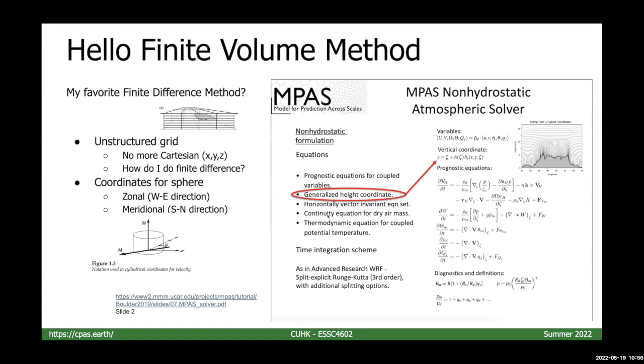And actually, I talked too much about the horizontal topology of the unstructured mesh. In the real model, the model needs to take care of the vertical dimensions. And as you see, there are vertical layers, and it is actually using some formulation of vertical coordinate.